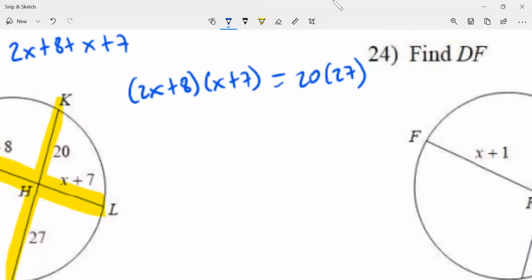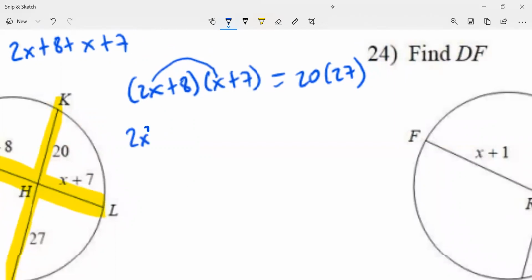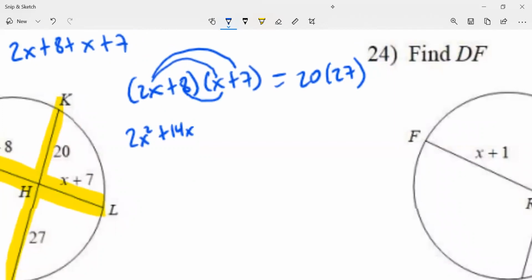Good thing we learned how to factor it in Algebra 1. That's going to come very, very handy right now. So let me distribute: 2x times x is 2x squared, 2x times 7 is 14x. Then 8 times x is 8x, and 8 times 7 is 56.